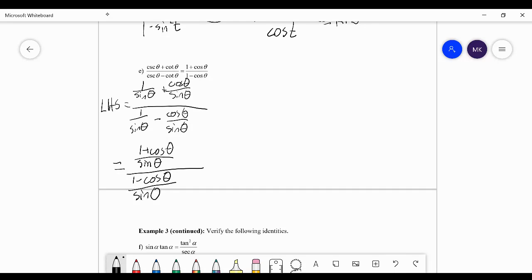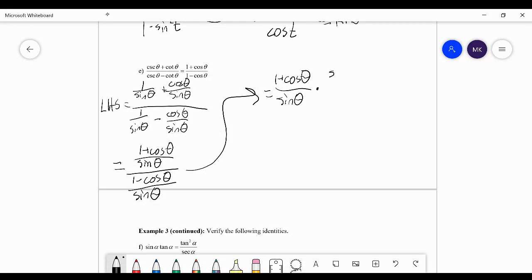And then that is all going to be over 1 minus cosine theta over sine theta. And what happens when you have a fraction divided by a fraction? Right. We multiply by the reciprocal. So 1 plus cosine theta over sine theta is still the same, but now we take the reciprocal of that fraction in the denominator.